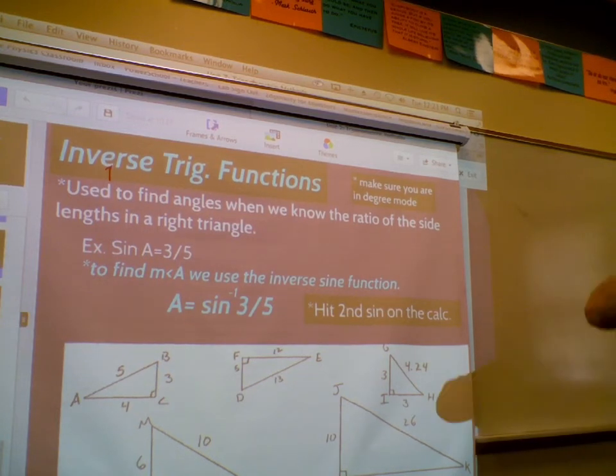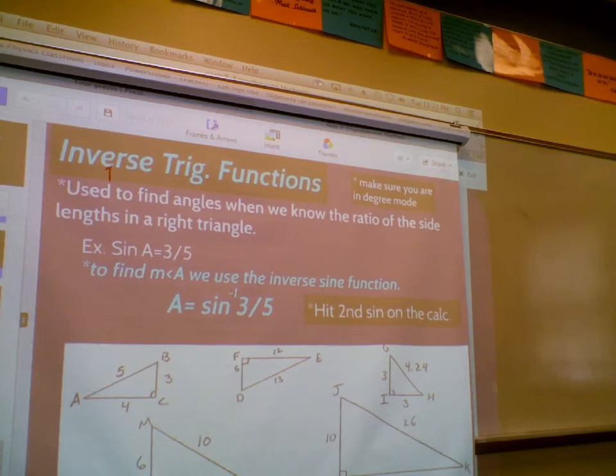So, on the first warm-up question, did we know the side lengths? Yeah. Could we write ratios for the side lengths? So since we know the side lengths and we can write ratios, then we can actually find the angles. And we find the angles by using things called inverse trig functions. Now, in order to use these inverse trig functions, you must be in degree mode. That's because we're used to finding our answers in degrees.